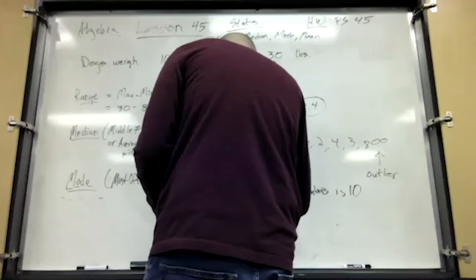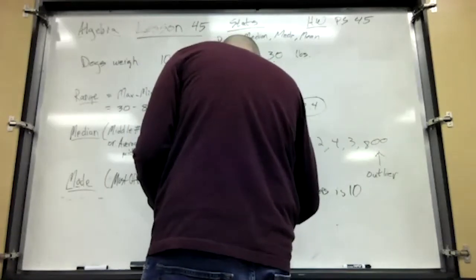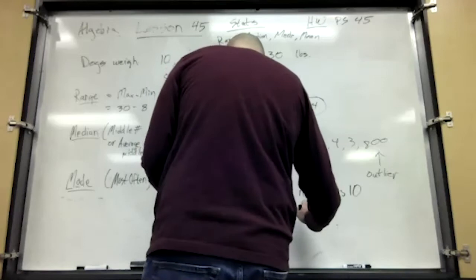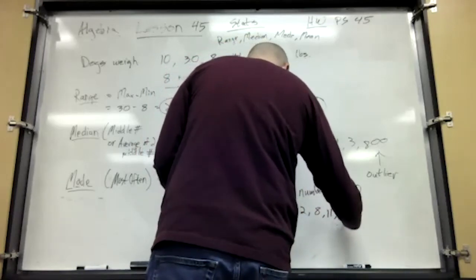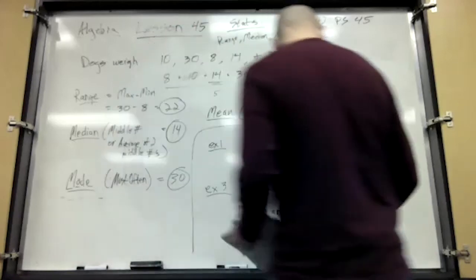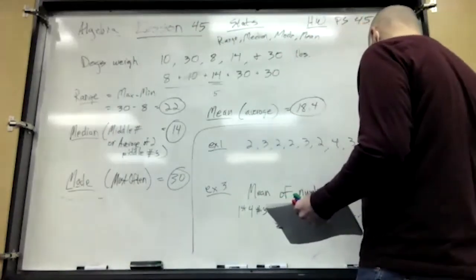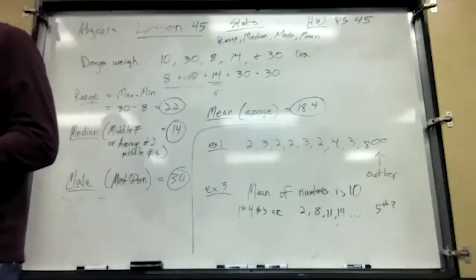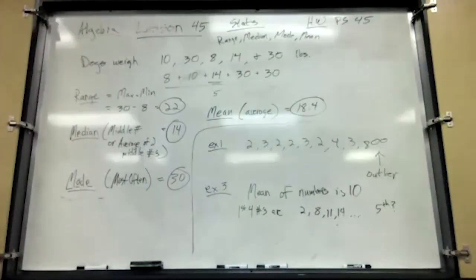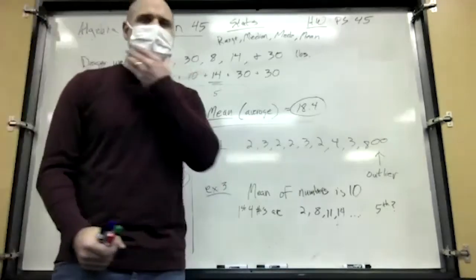So the first 4 numbers are 2, 8, 11, and 14. So I'm going to say, what is the 5th number? Okay, so there's a way to do this algebraically, or there's a way to just think through this logically.